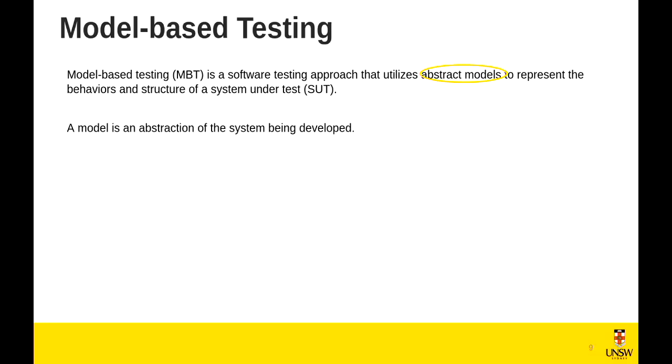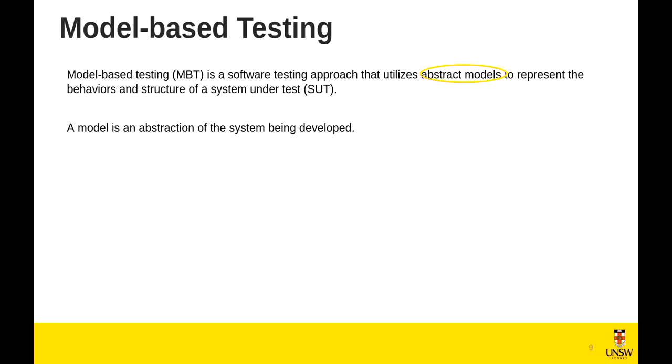And there are some more things we need to take care about. The model captures the behaviors and structures of the system. We could have models to capture both, or either one of them.